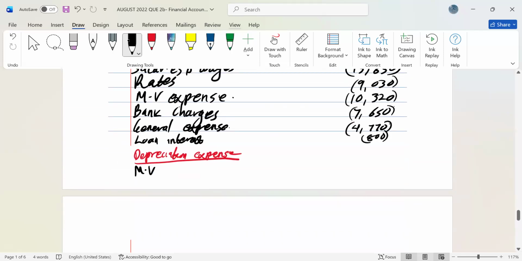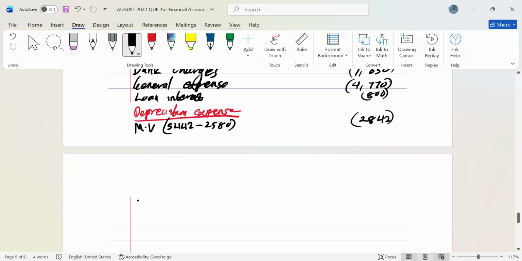So in this case, we are going to take 5422 minus 2580. Whatever we get, that is 2842. 2842 now becomes our depreciation in a motor vehicle for that particular year.